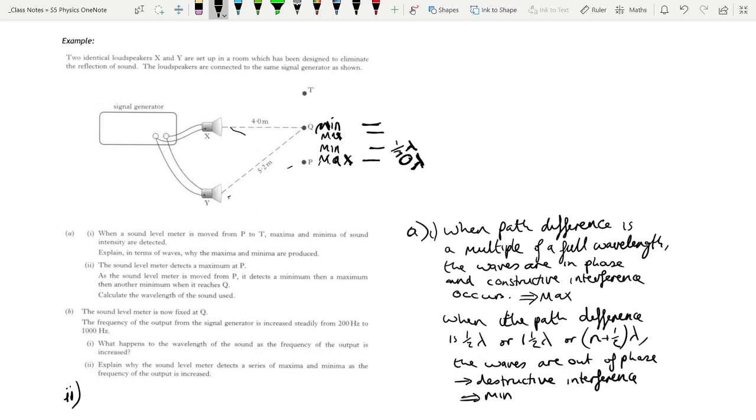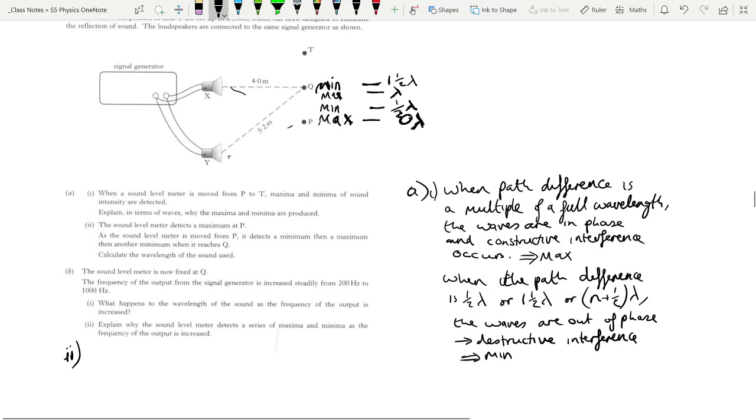Then our next maximum would be 1 wavelength difference. And then the next minimum, which is Q, which we want to find out, is 1.5 wavelengths difference. That's what we found out because we know what's been detected: a minimum, maximum, then another minimum. So we need to calculate the wavelength of the sound used.